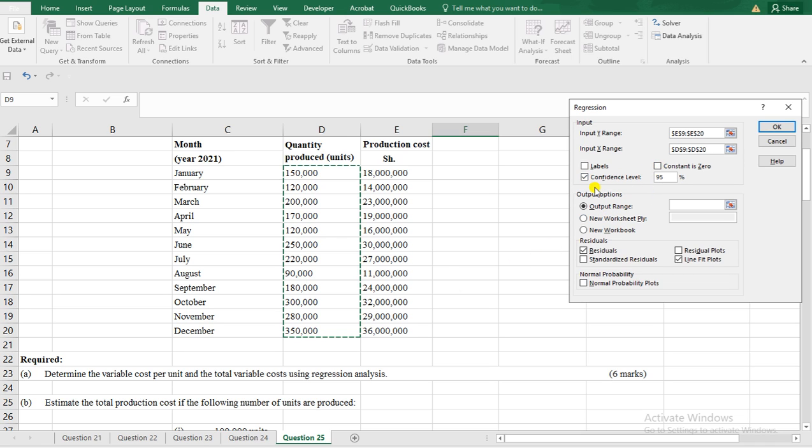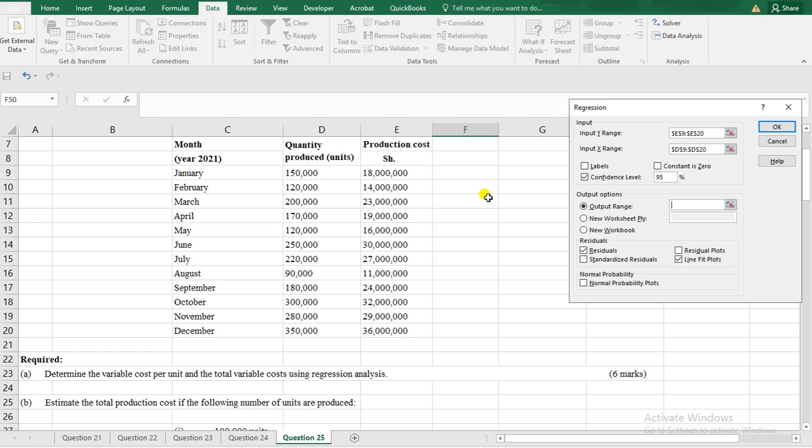For the confidence level, many a times the default is 95%, and that is also the case in statistics. Then the output range is where I want my data to appear. I can either have it in the same Excel workbook, or probably in a different workbook.